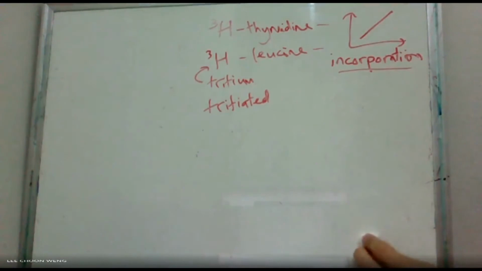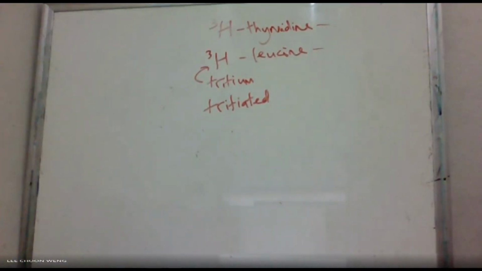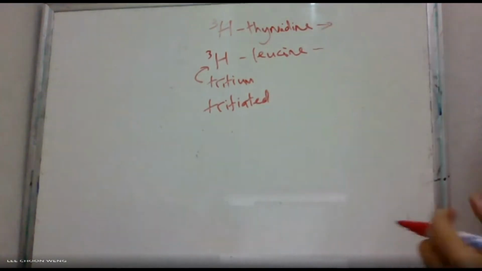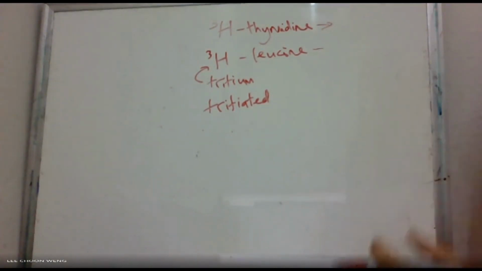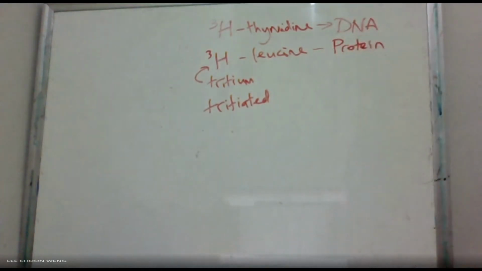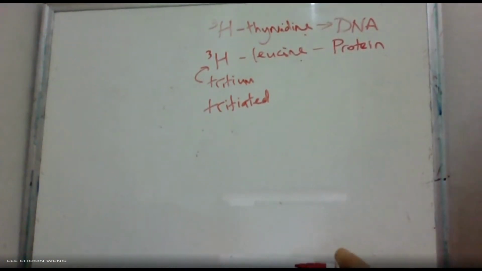So the question then: when bacteria incorporate thymidine, in what molecule do you think the bacteria will incorporate the thymidine into? The protein. The use of different substrates will actually target different things.